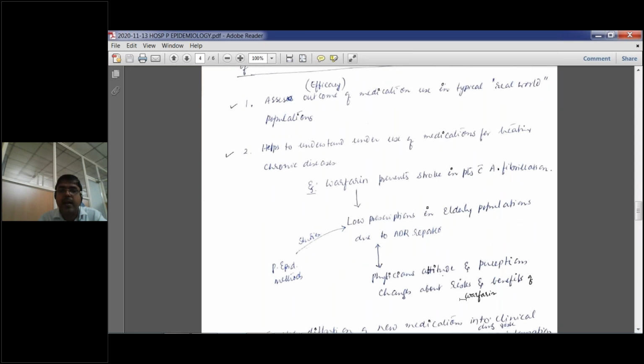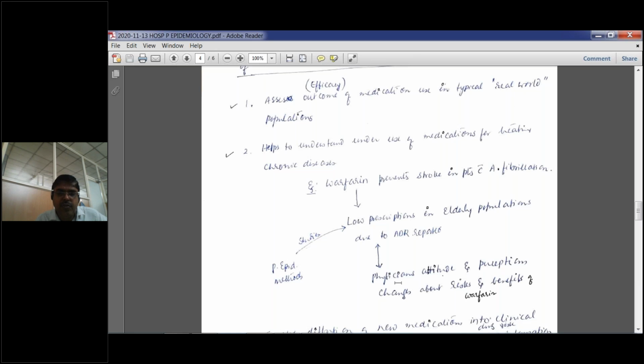Correct? Warfarin produces bleeding. Now, the physician will be expecting a bleeding. That is why he is not prescribing, actually. So in this case, physicians have become anxious and are not going for warfarin, even though its cost is very less.